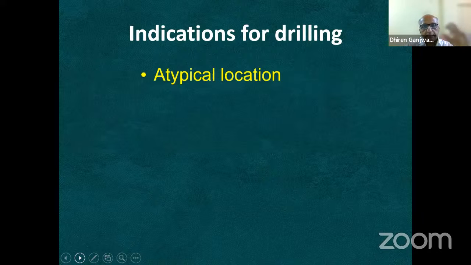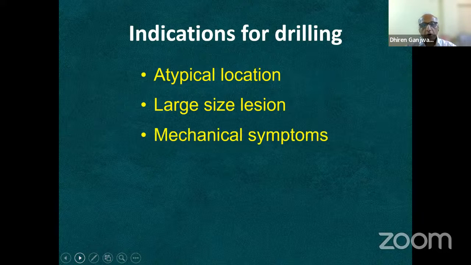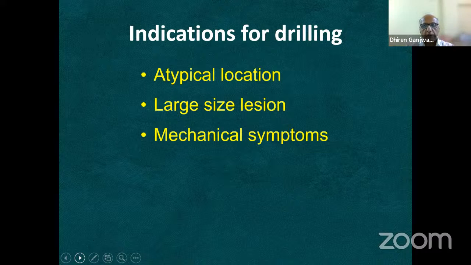When the lesion is in a very atypical location, when it's a large size, and we know that larger lesions take longer time for spontaneous healing with non-operative treatment, or when the child has mechanical symptoms, which say that probably the piece has become unstable. So these are the indications where we have to consider drilling.